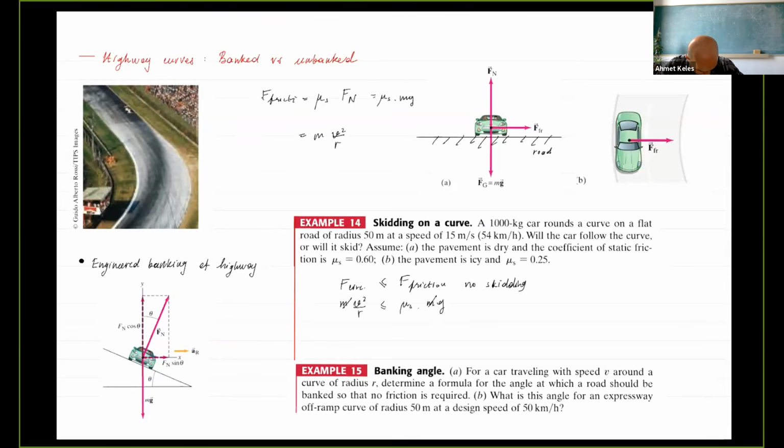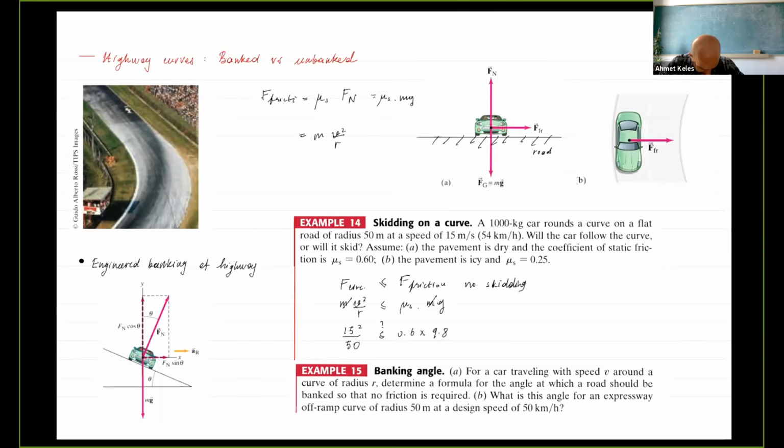Okay, v squared over r is what? It's 15 squared divided by r, which is 50. We are trying to find if this is less than or equal to mu s times g. Mu s is 0.6 times g, which is 9.8.